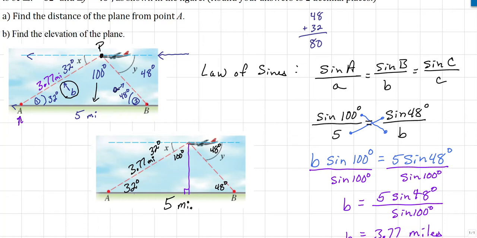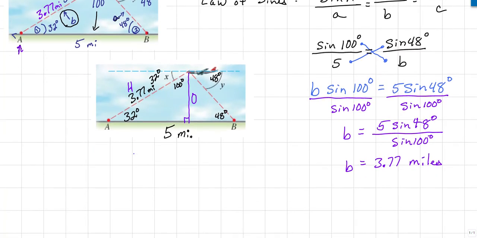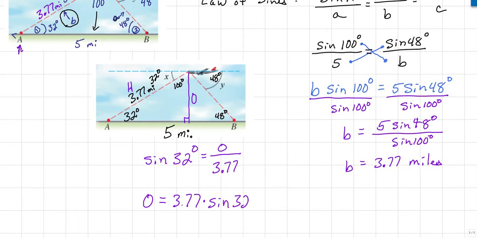And so we can use our trigonometric relationships to easily solve this one. We have this angle of 32 degrees here, and this is going to be your opposite side, and this is your hypotenuse. To find the opposite side, which is what we're looking for, sine 32 degrees is equal to the opposite side over the hypotenuse of 3.77. Therefore, the opposite side is equal to 3.77 times the sine of 32 degrees.